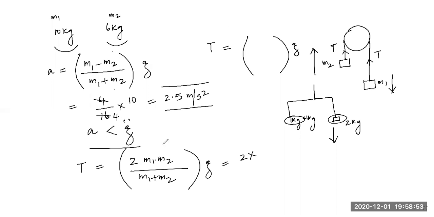Yes, Jinder, please put the values. 2 into 10 into 6 divided by 16 into 10. So this would be approximately 73.5 Newton. All right, students, very, very important thing.